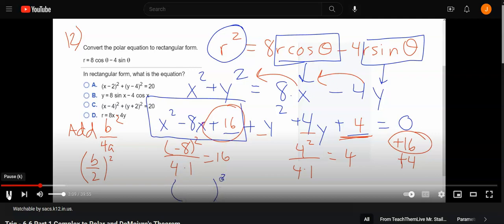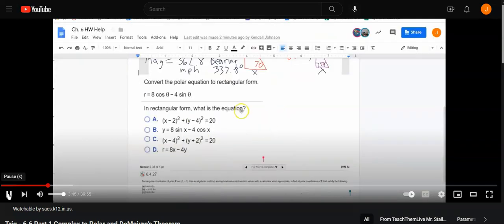That's something times something squared. It's x minus 4. You take half of that middle value, -8, and that's what goes inside the parentheses. And over there, y plus 2 quantity squared. And of course, then it equals 20, which is a circle, by the way, with a radius of radical 20.